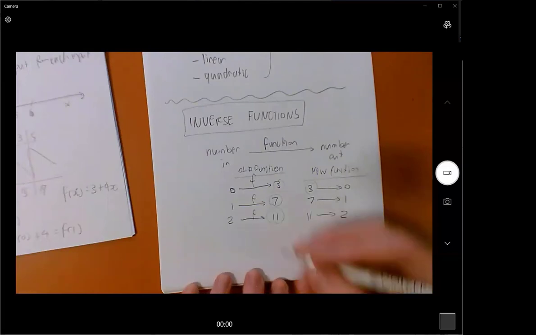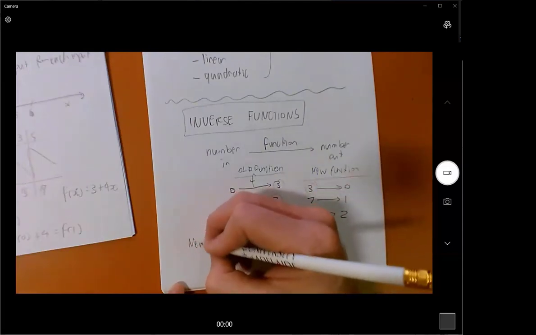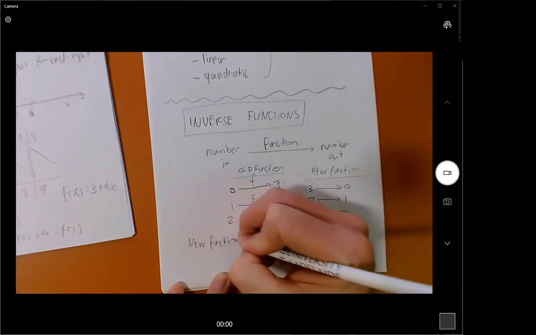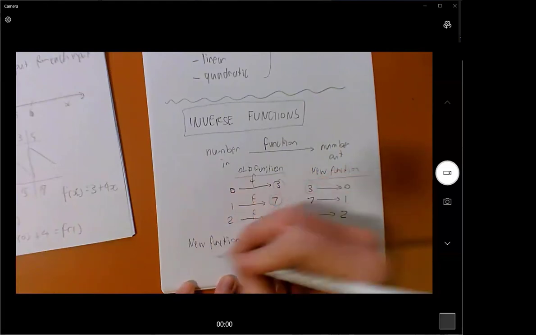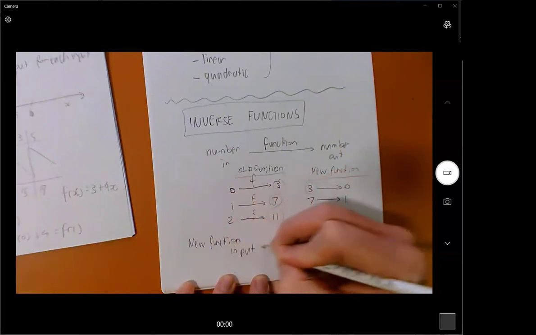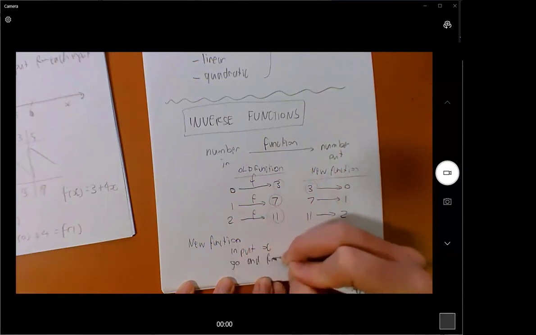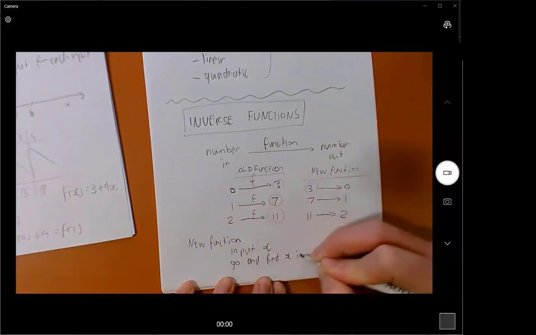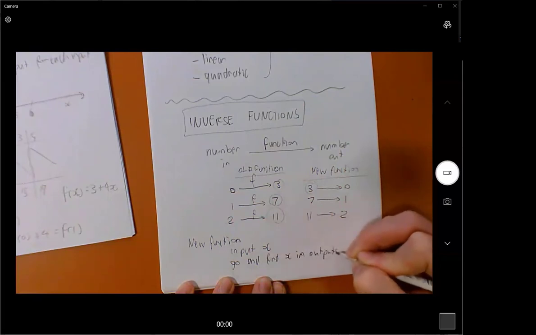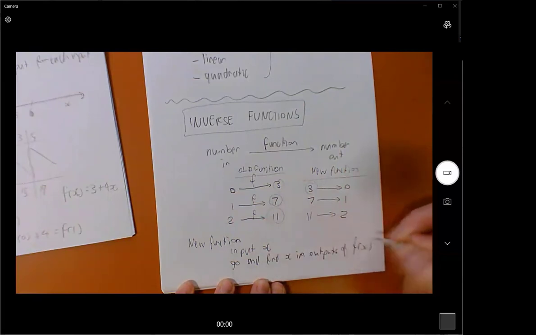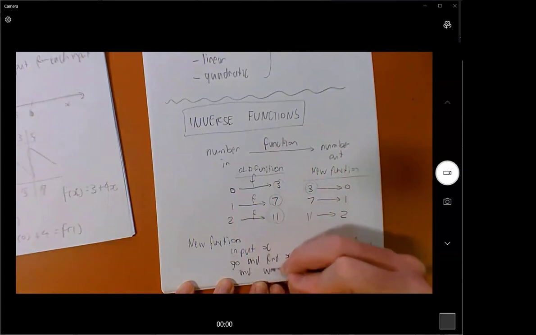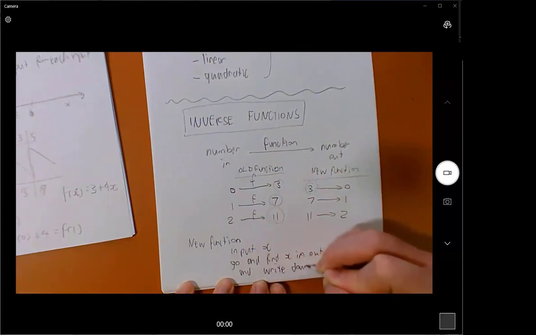I'm going to be really facetious about this. I'm going to write that down. So I have my new function. We take input x, and then you go and find x in the outputs of f of x and write down the matching input.